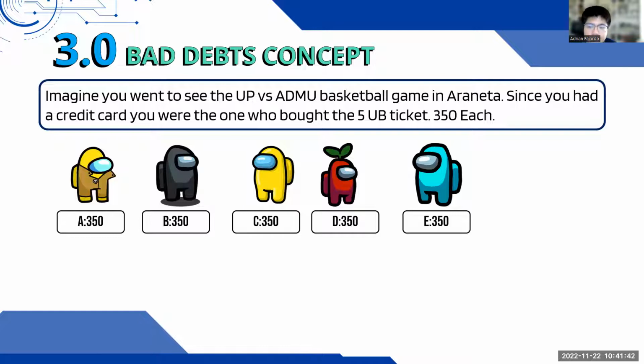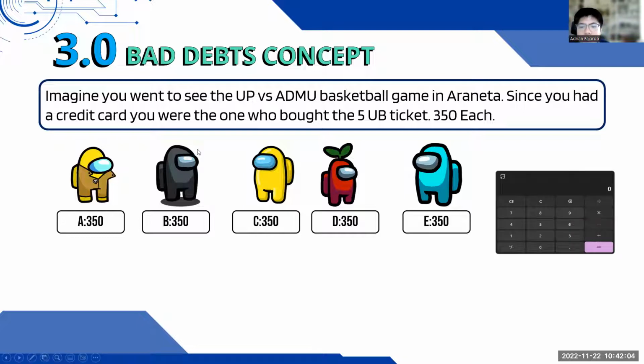So imagine you wanted to see the UP versus Ateneo game in Araneta. And since you're the one with the credit card in your friend group, you were the one tasked to buy the 5 upper box tickets costing 350 each. For the sake of this scenario, let's imagine that we're a company and that these friends are accounts or clients.